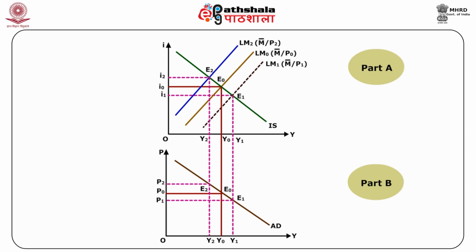The equilibrium moves from point E0 to E2. Now, joining the points of equilibrium E0, E1 and E2 in the output-price space gives the aggregate demand curve for a given level of nominal money stock and fiscal policy.